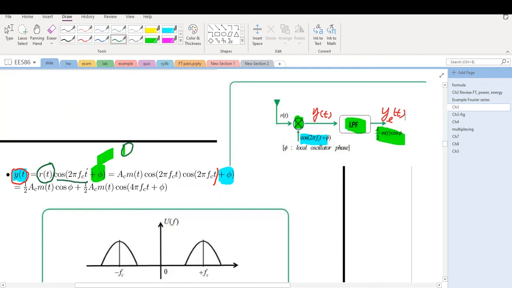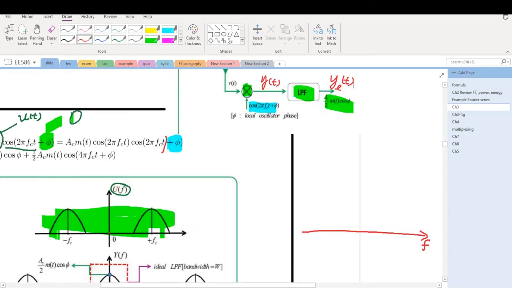Then we can use the modulation property so that this whole spectrum moves to fc. Remember there are two components, for the negative frequency and positive frequency. So this portion at 0 will become fc here, and this fc here will become double fc. And this portion will move to 0.